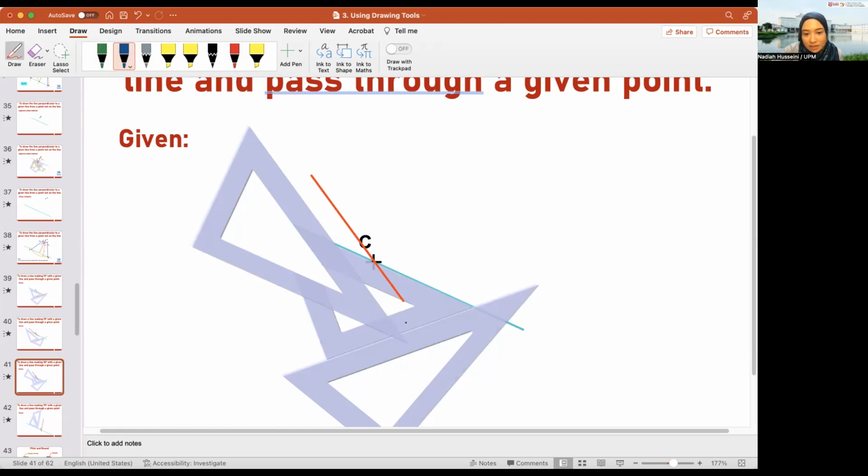Lagi sekali? Okay, triangle. Ni nombor 1, ni triangle nombor 2, nombor 3. Yang nombor 2 tu slide ke kiri. Untuk bagi ruang yang triangle 1 tu masuk.